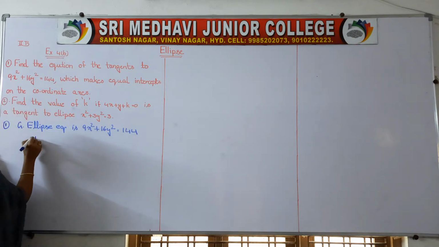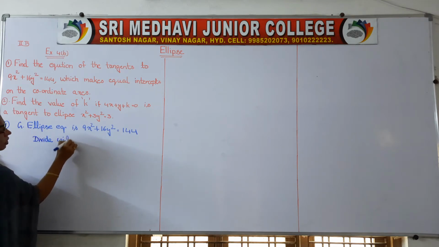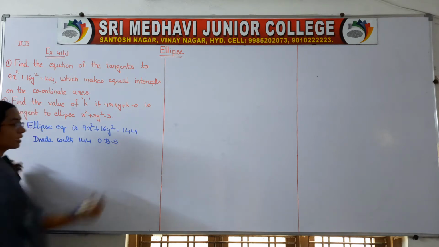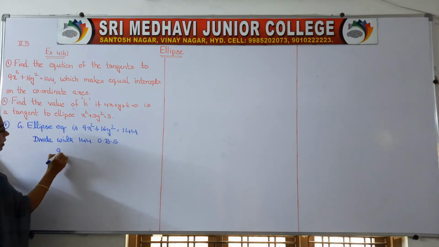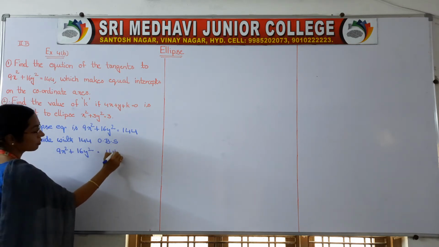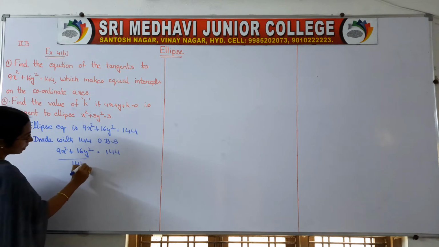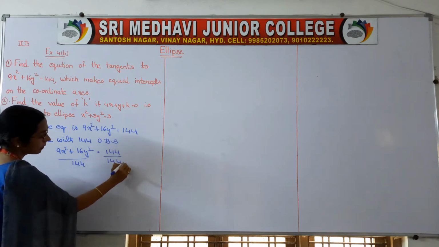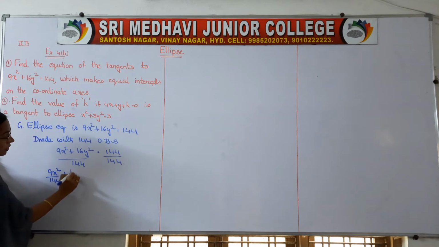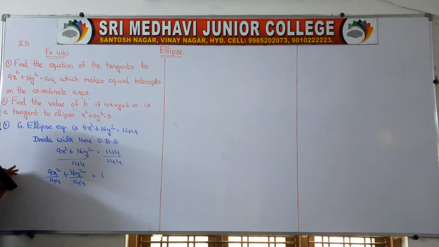Okay, so come on, write down, divide with 144 on both sides, right. So it is 9x square plus 16y square is equal to 144, divided by 144. Write separately: 9x square by 144, 16y square by 144 is equal to 1.